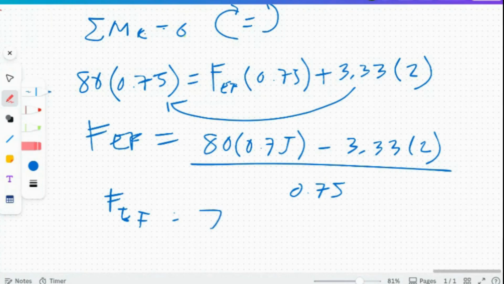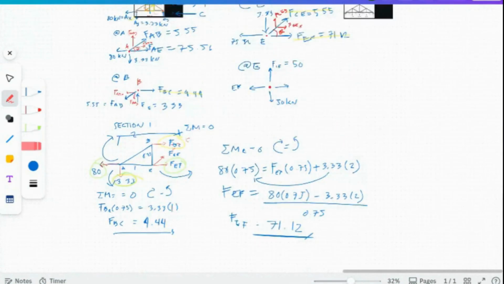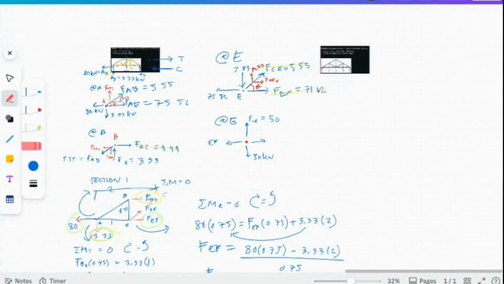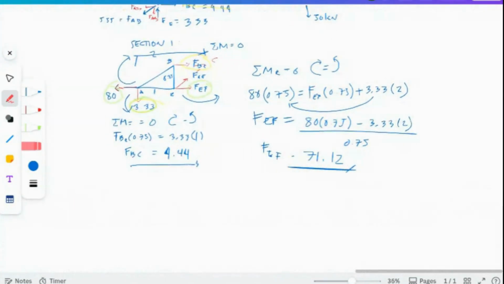That is 7.12. And earlier, we solved just that. There it is, 7.12.